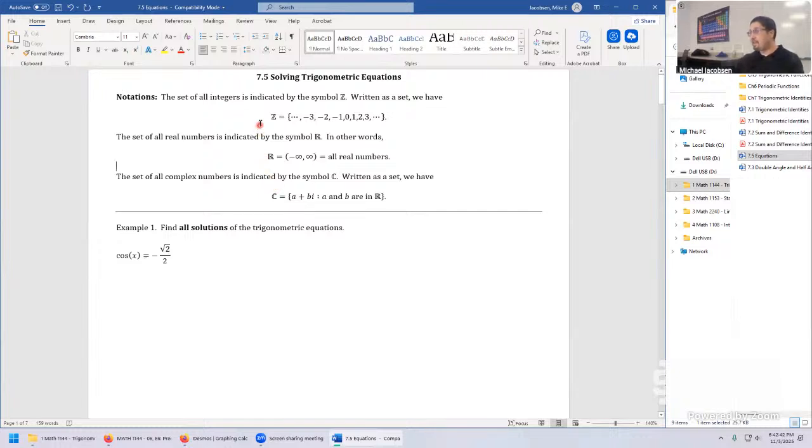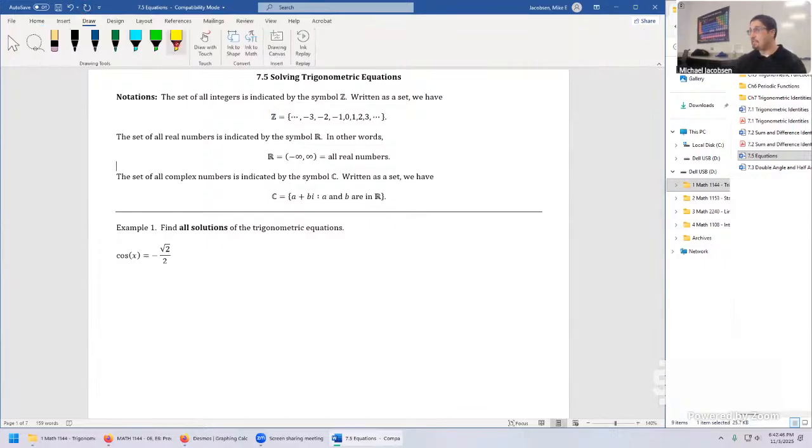But the reason I want to emphasize Z is because it actually comes up in these notes. It comes up in the context of finding all solutions to a trigonometric equation. So the major issue with trigonometric equations is that if there is a solution, there are often infinitely many solutions.